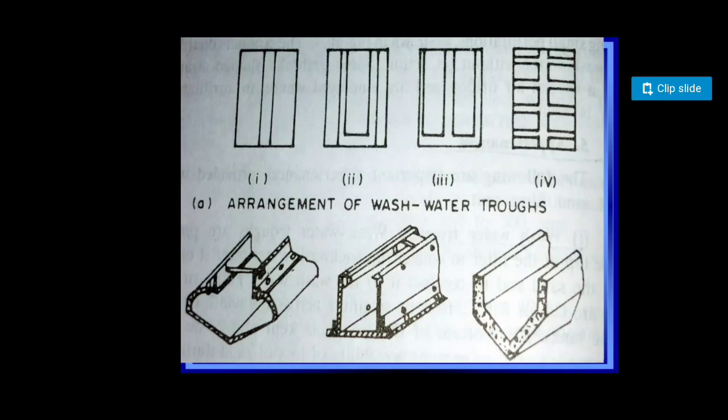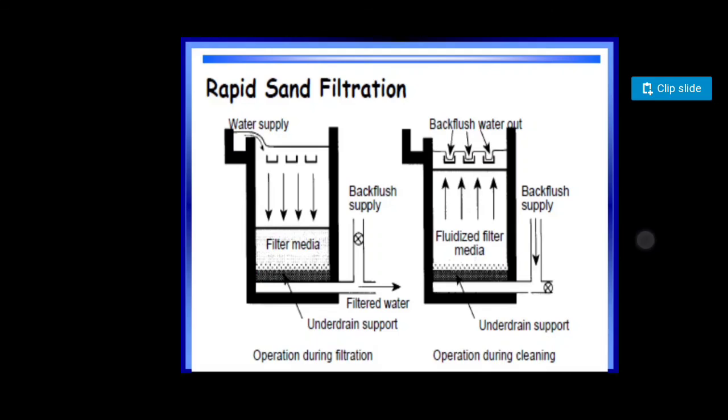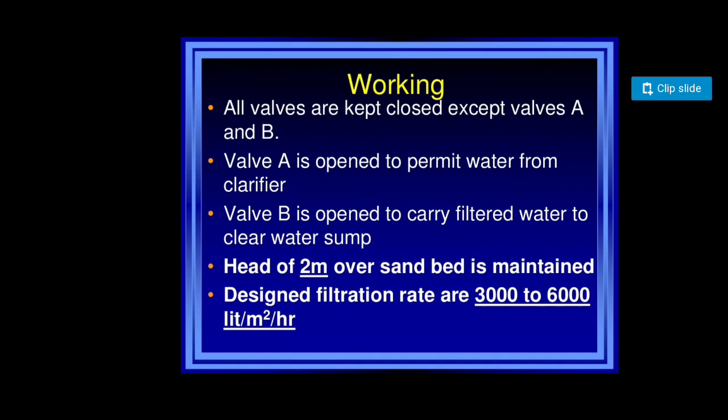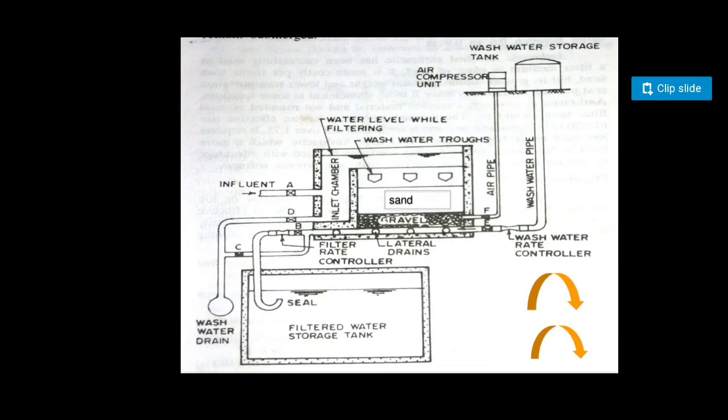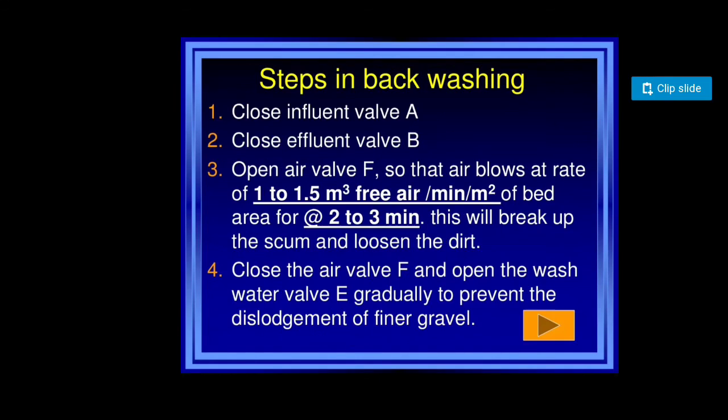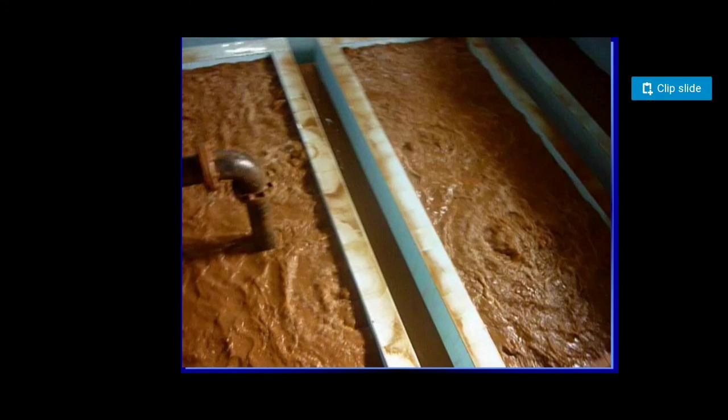I also want to show you how it actually looks. I have already discussed all these things, so I want to show you how it looks. See, this is how it looks. This is the sand, and over the sand a lot of suspended solids have collected.